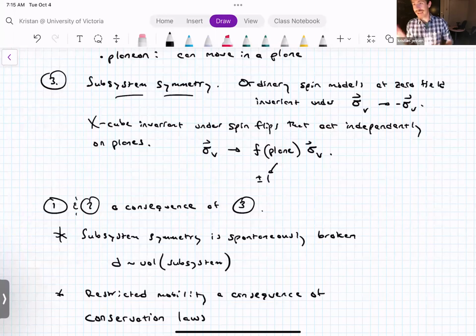And if you act with it on a seed state, you can map out all the different ground states. Because the symmetry really depends on how many planes you have in the lattice, it's a UV sensitive symmetry whose volume, roughly speaking, goes like this ground state degeneracy. And the restricted mobility excitations really arise as a consequence of conservation laws, Ward identities, associated with this funny symmetry.